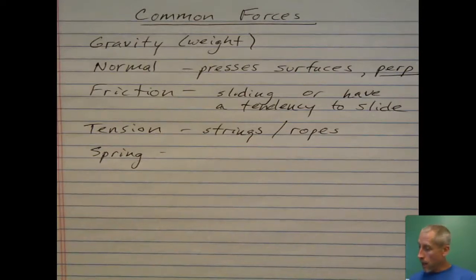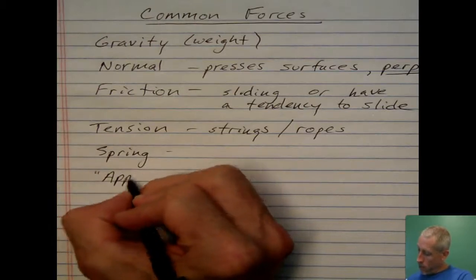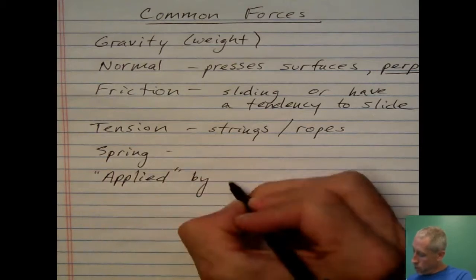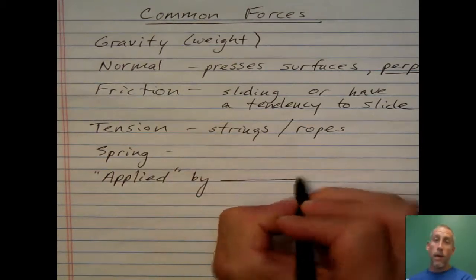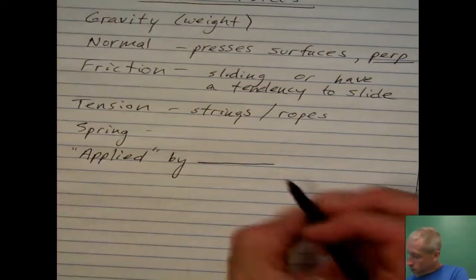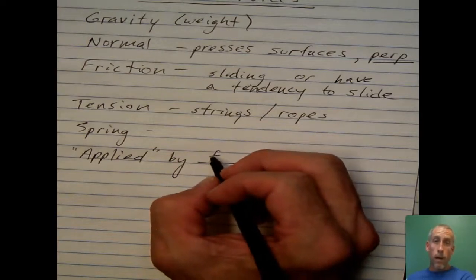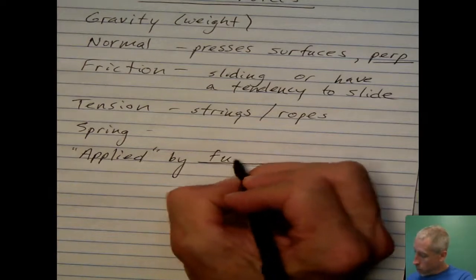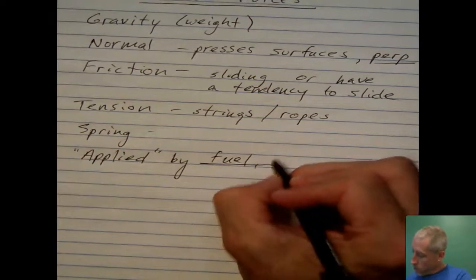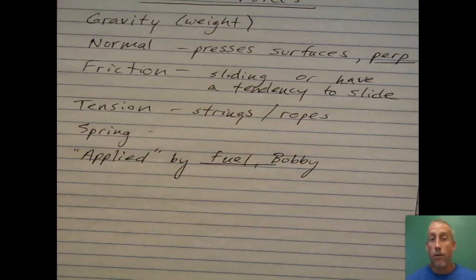And most of the other forces I kind of categorize generically as applied forces. But always make sure you can say applied by what, and use that as your label. So it might be something like if you've got a rocket being pushed by igniting fuel, then it's actually the fuel that's pushing on the rocket. Or maybe somebody named Bobby just kicked his calculator across the room.